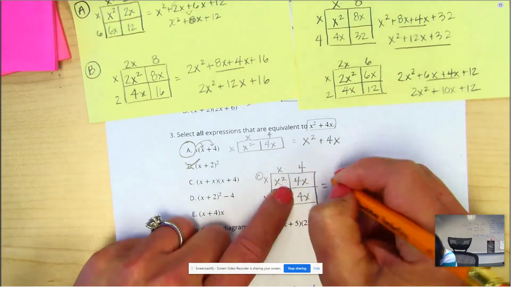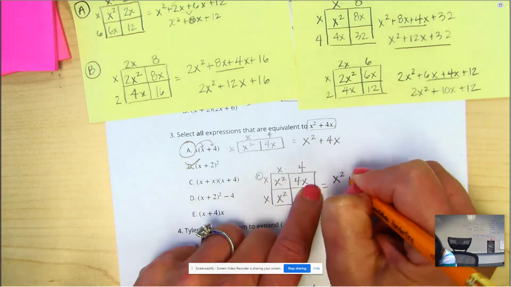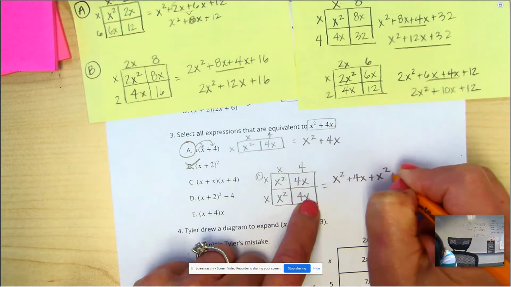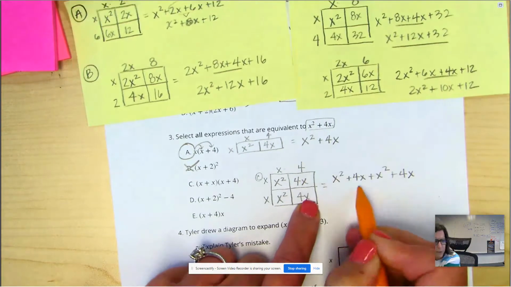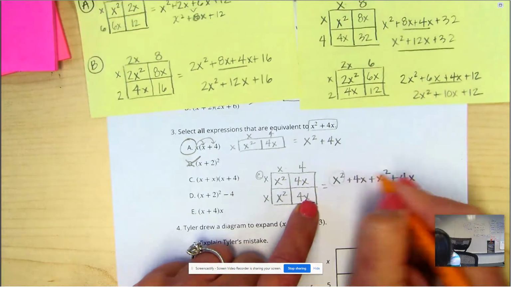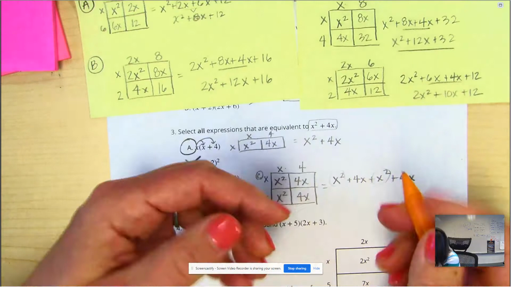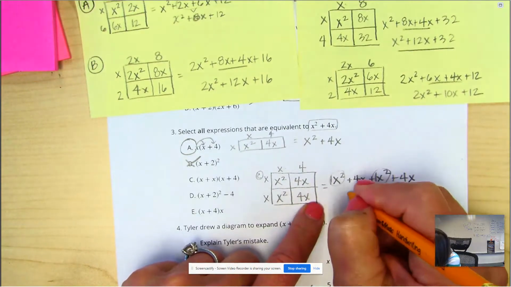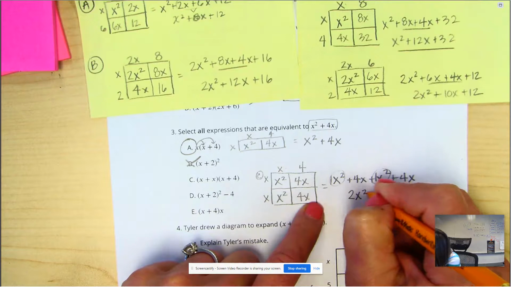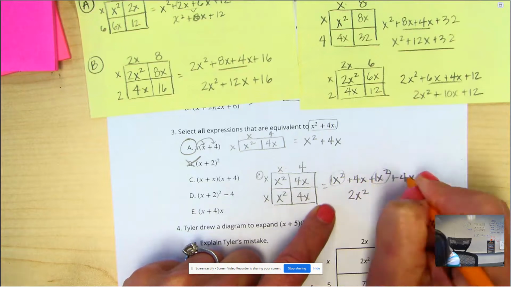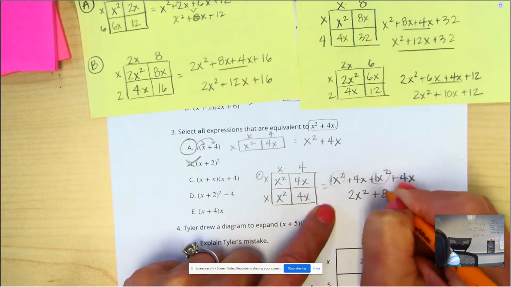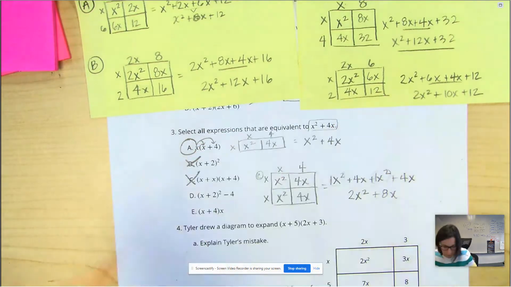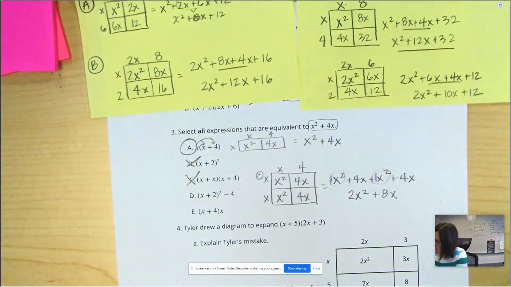So we have x squared plus 4x plus x squared plus 4x. This is a little different than what we've seen before. These are like terms. So when we add them, think of them as objects. I have 1x squared plus another 1x squared. That's 2x squareds. And then I have a 4x plus a 4x, which is an 8x. Okay, that is not the same. Nope.